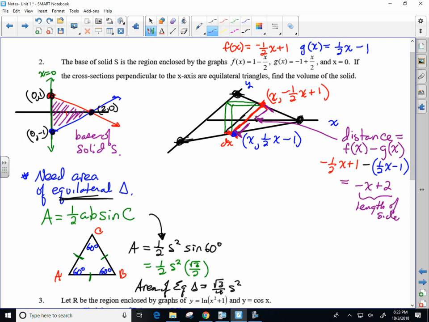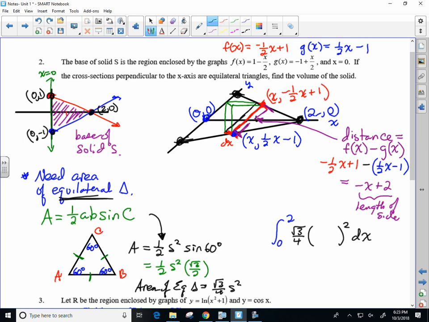So what I want to do is integrate on the interval of 0 to 2 for x, because again, we're starting at 0 and going to 2. So 0, 0, 2, 0. Radical 3 over 4 times the length of a side squared dx.